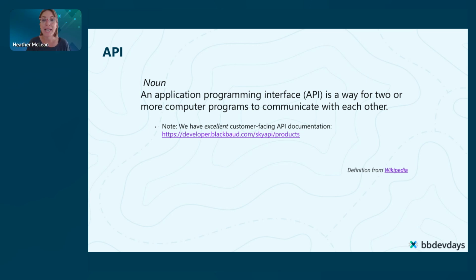It is authenticating that you are who you say you are, and it is allowing you to use that API to perform tasks with your Raiser's Edge NXT data or with your Blackbaud solution data for what you're allowed to do in that application. So it is a way for two different systems to communicate with one another in a secure way and to pass data from one to another.